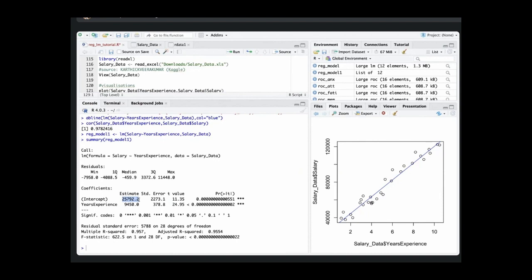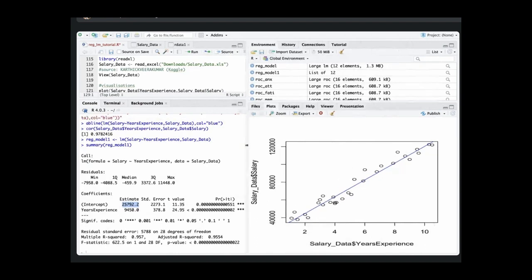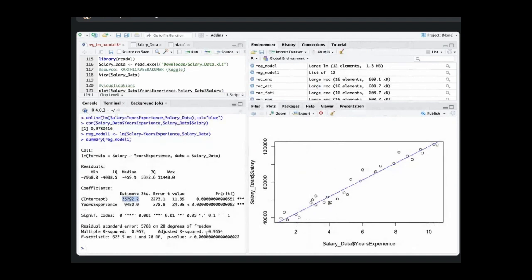Again iterating our previous point, beta naught is the value of the outcome variable, which is our salary, when x is 0. So if someone has 0 years of experience, our tests tell us that they have a salary of 25,792 rupees per month, and as their experience increases by 1 unit, which in our case is 1 year, their salary increases by 9,450 rupees, right?